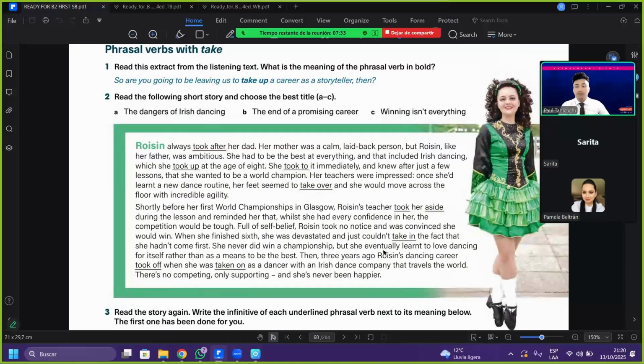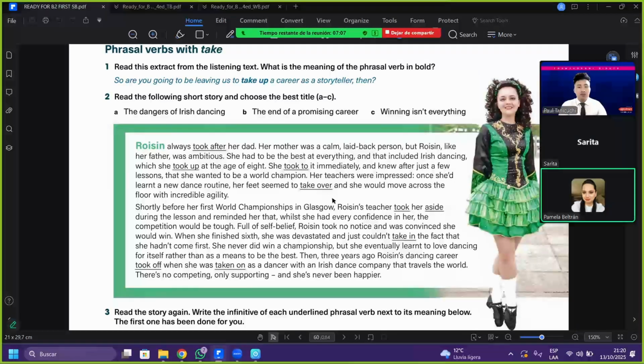Racing always took after her dad. Her mother was a calm, laid back person, but Racing, like her father, was ambitious. She had to be the best at everything, and that included Irish dancing, which she took up at the age of 8.